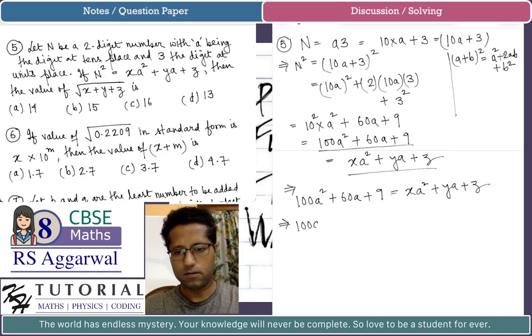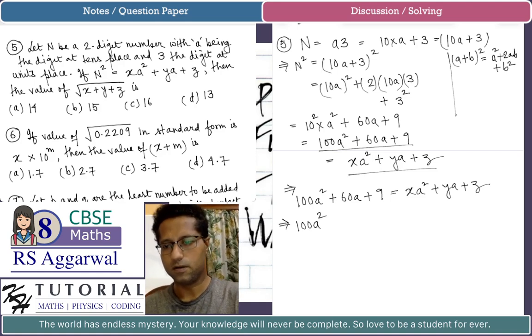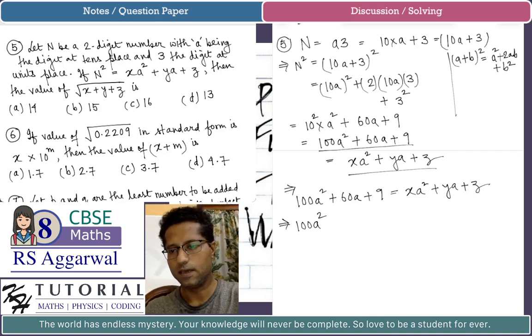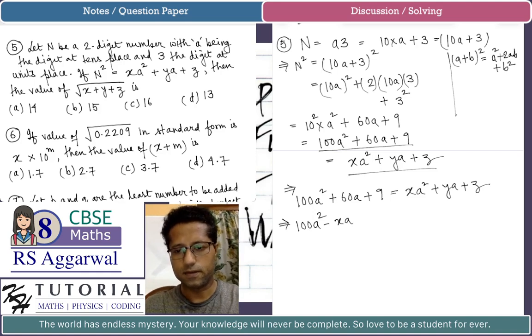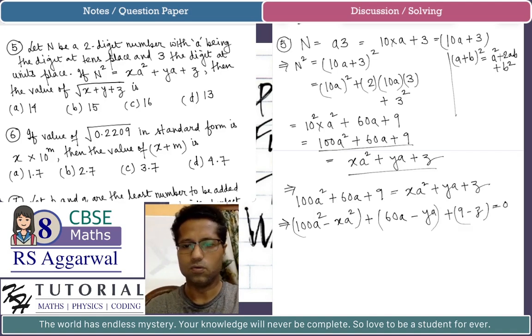we group the similar terms: the terms containing a square, the terms containing a, and the constant terms. We will have 100a square minus x a square, plus 60a minus ya, plus 9 minus z equals 0.